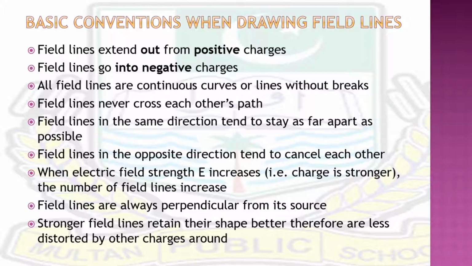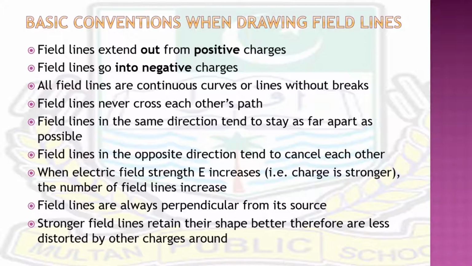All field lines are continuous curves or lines without any break. Field lines never cross each other's path. Field lines in the same direction tend to stay as far apart as possible. Field lines in the opposite direction tend to cancel each other.